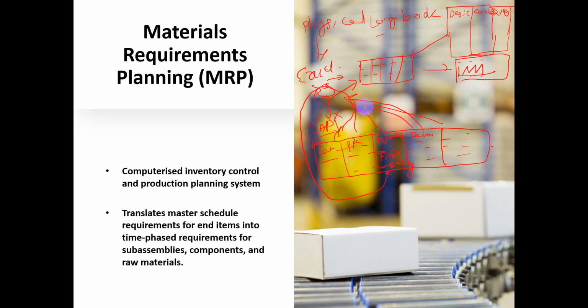Once the material comes from the supplier, that may be finished goods or semi-finished goods, it will directly go and be verified through the warehouse department with the help of the quality department.